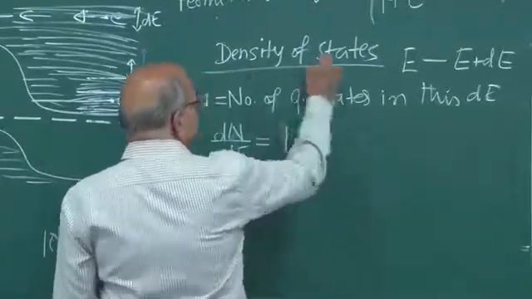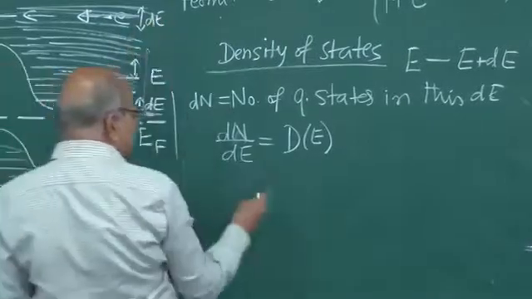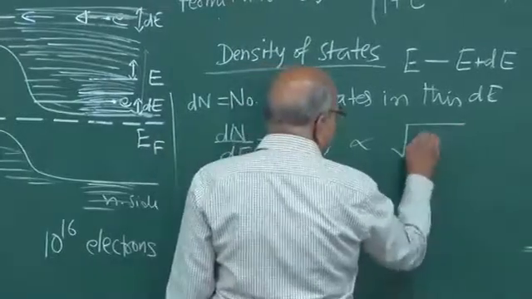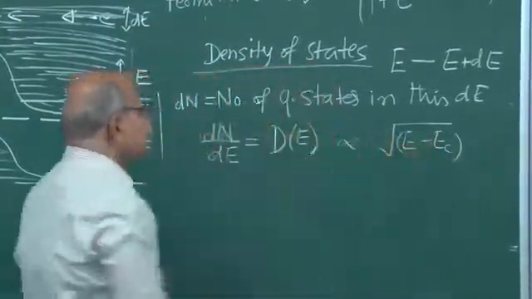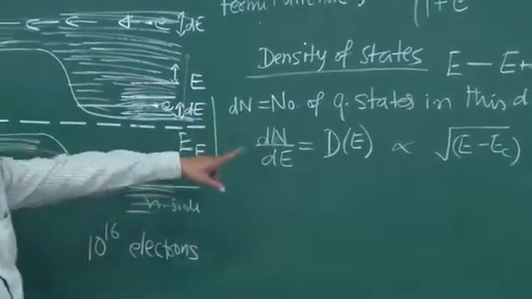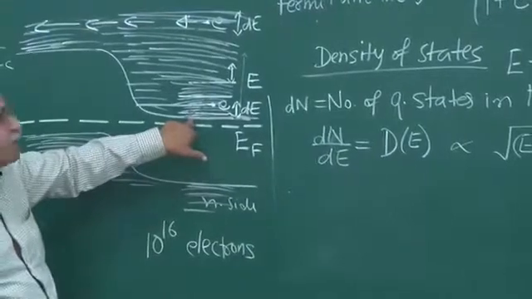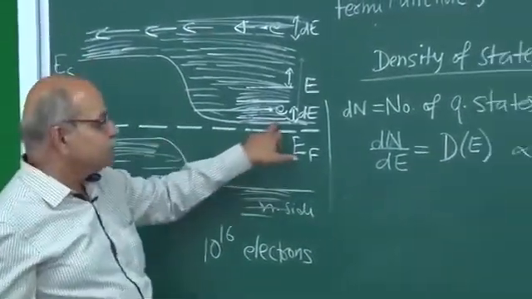In the conduction band, D(E) is proportional to the square root of E minus EC. There are some factors here, but energy-wise this is the dependence. Remember, the bottom of the conduction band I am writing as EC.